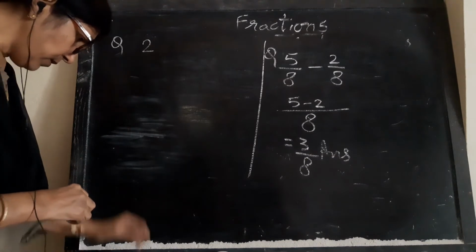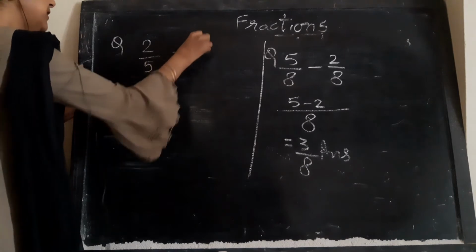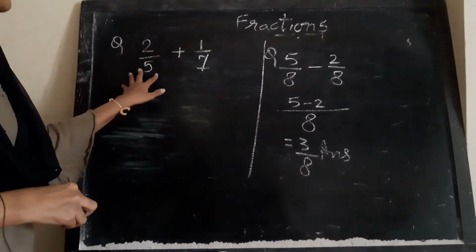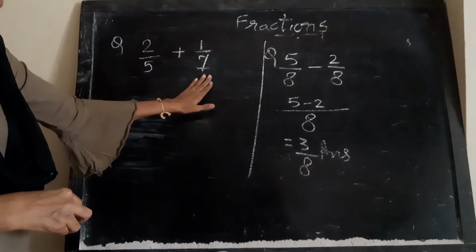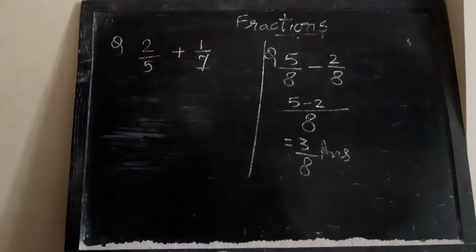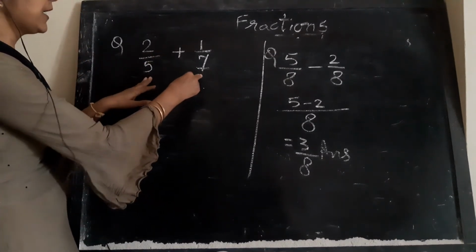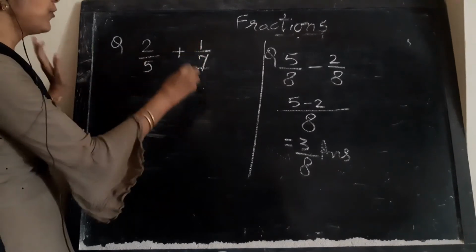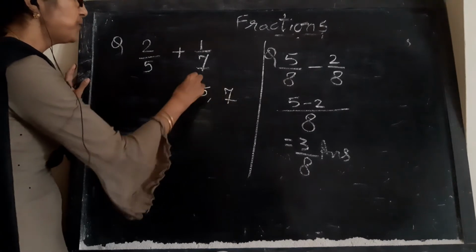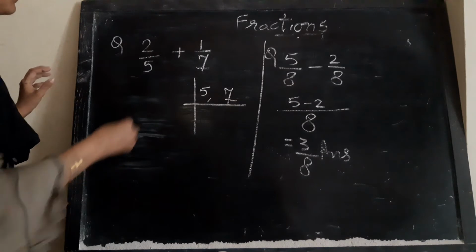This is 2 upon 5 plus 1 upon 7. Now you can see the denominator here is 5, the denominator here is 7. So first of all, take the LCM of the denominators. LCM is always taken of denominators, never of numerators. This process of taking LCM we've already learned in our previous chapter.